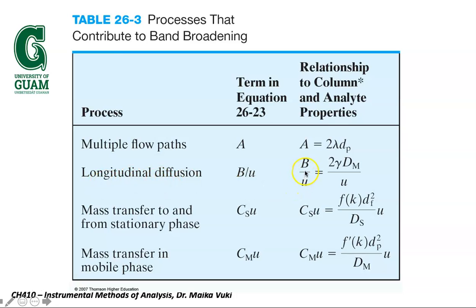Longitudinal diffusion is B over u, and that is related to 2 gamma multiplied by the diffusion coefficient of the mobile phase. So again, this is part of a constant based on the packing in the stationary phase. And mass transfer to and from the stationary phase, here is the C_S u term. That's the migration rate velocity, as we know, and this is the mass transfer coefficient, and likewise this one is the mass transfer coefficient of the mobile phase.